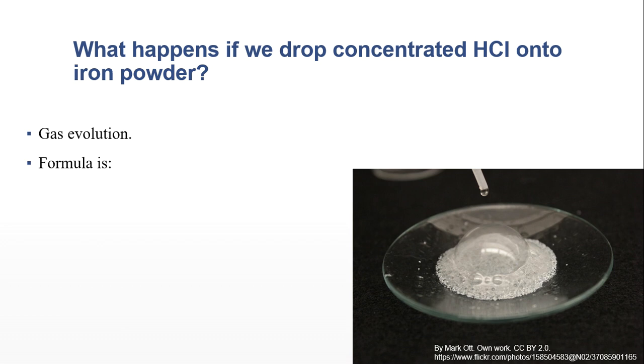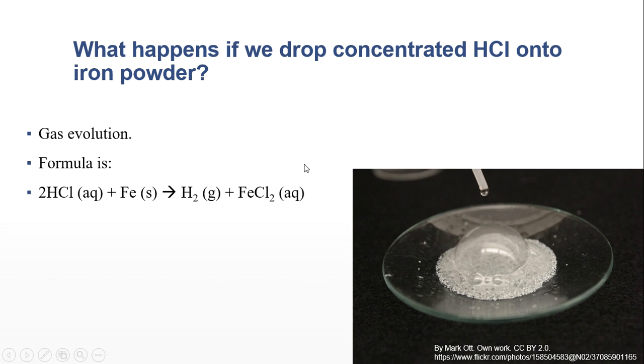Many of you probably know that when a metal and an acid react with each other, they form hydrogen gas and a salt. What will be left once we remove the hydrogens from HCl and form H2 gas will be chloride combined with iron, and that in turn will form iron chloride like this.